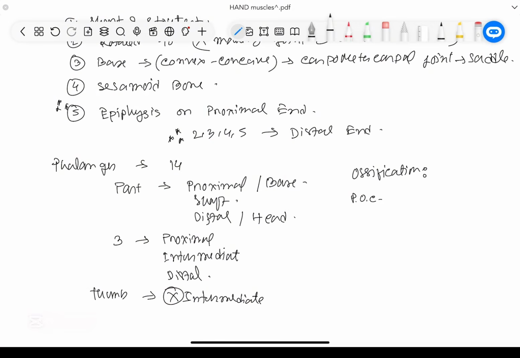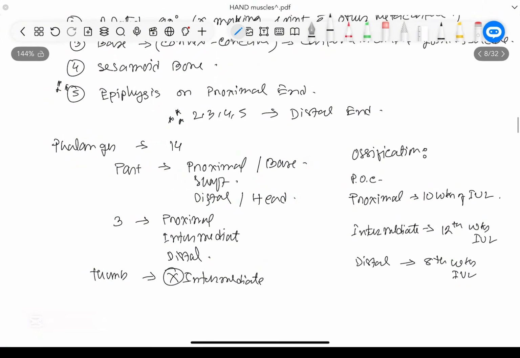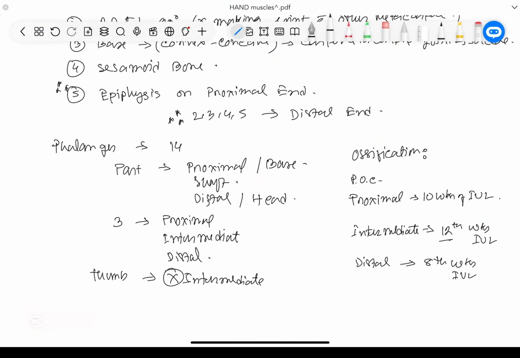First I am writing the primary ossification center, in shortcut: proximal phalanx, as we know there are three, so proximal, intermediate, then distal, and all appear in intrauterine life, before the person is born, that means inside the mother's womb. The distal appears at the 8th week of intrauterine life, the proximal at the 10th week, and the intermediate at the 12th week. So first the distal appears, then the proximal, and the middle one comes at the 12th week of intrauterine life.